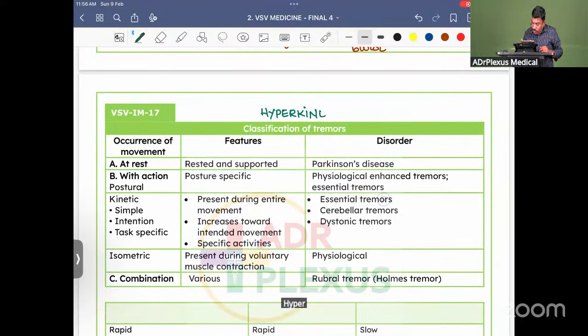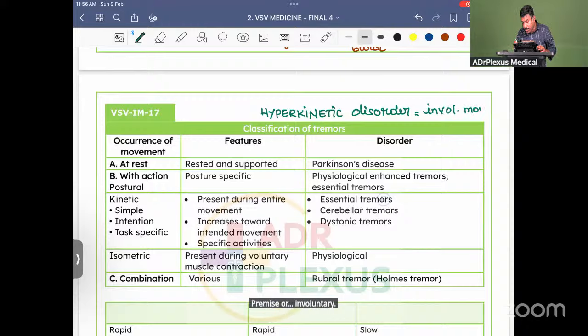So tremors. Tremors are involuntary movements. These are going to be of two types: the patient having tremors at rest and at action.